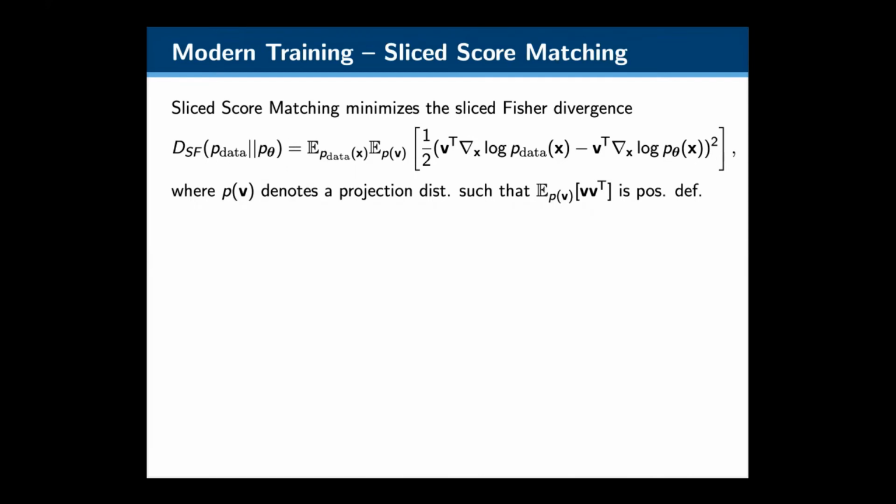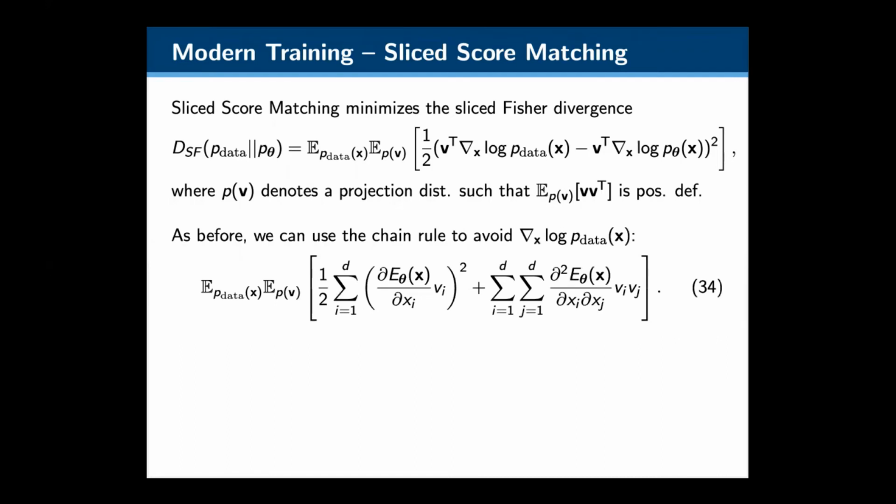So we're projecting those onto scalars and then taking the difference between those scalars. So here we need some distribution over the projection vectors. The only requirement here, as far as I'm aware, is that if we take the outer product of two projection vectors in expectation, that should be a positive definite matrix. So for example, a normal distribution works perfectly well here. That's a common choice.